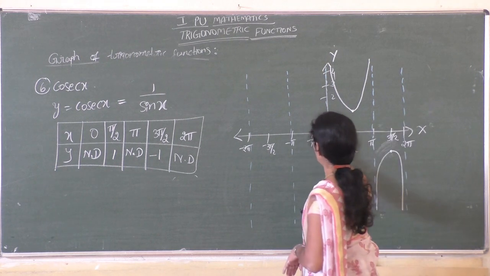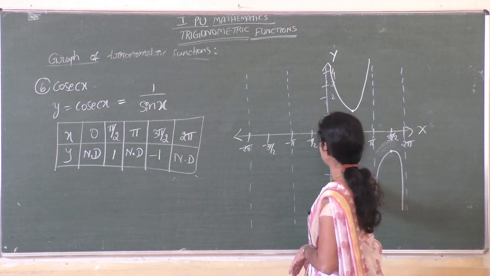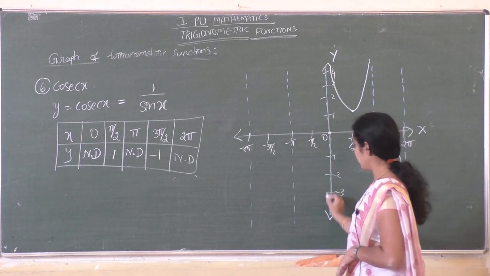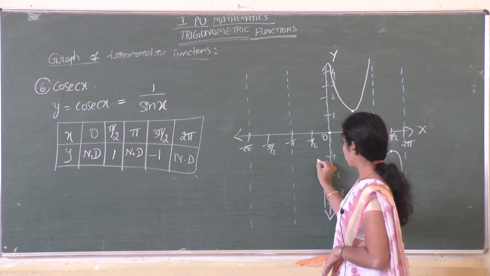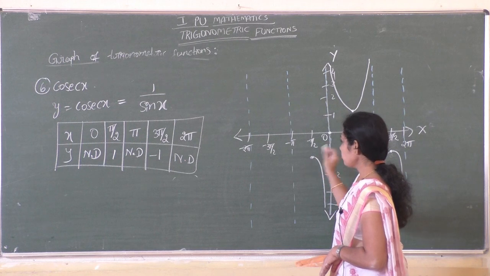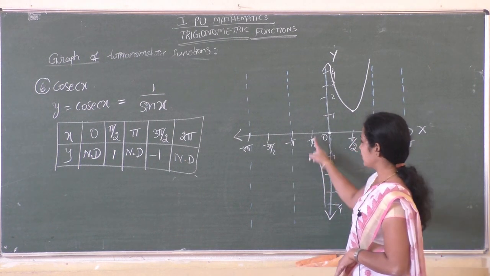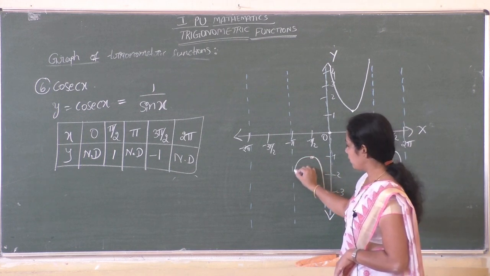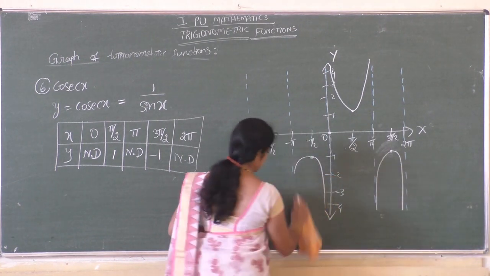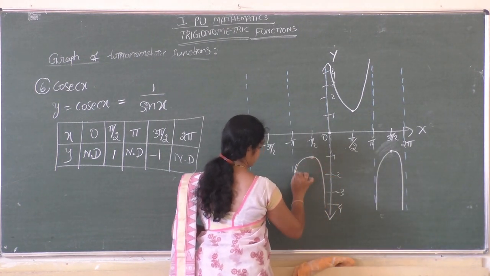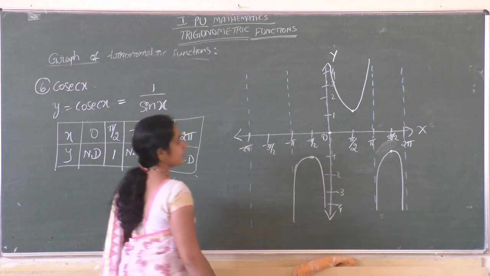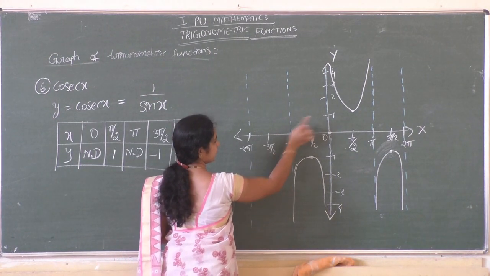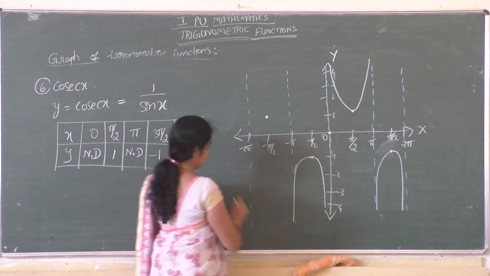Now the same thing repeats on the negative side. 0 to minus pi by 2 means the fourth quadrant, where sin is negative, so it goes up to minus 1 at minus pi by 2. Then again it decreases. The same thing repeats on the negative side. This is the graph of the cosec function.